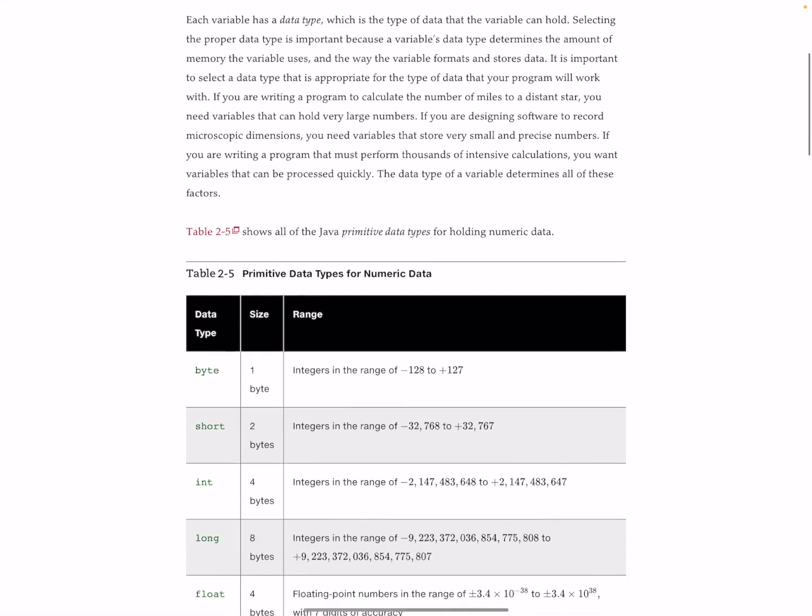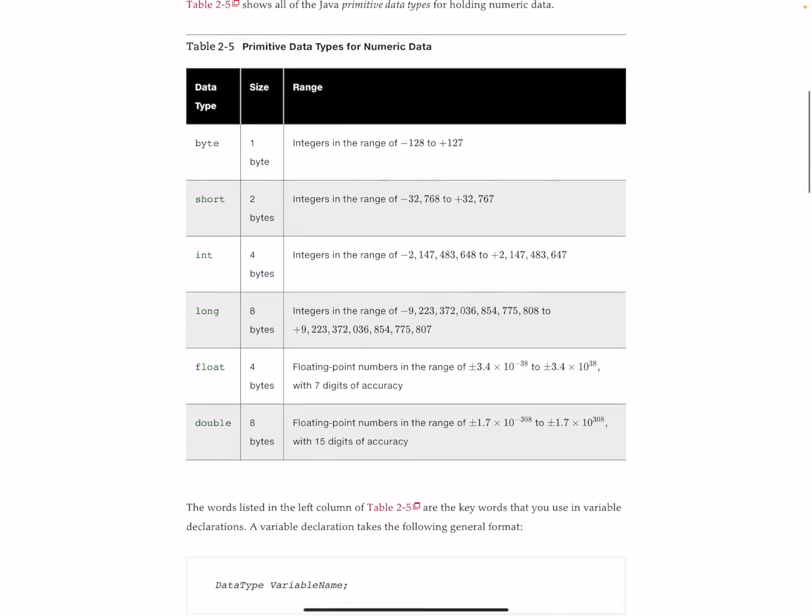This is starting on page 46, but the primitive data types are as follows. A byte. The rationale to having a byte type is that it only maintains 1 byte of data as far as size goes, as far as storage location goes. So these are really very, very small as far as a computer is concerned.